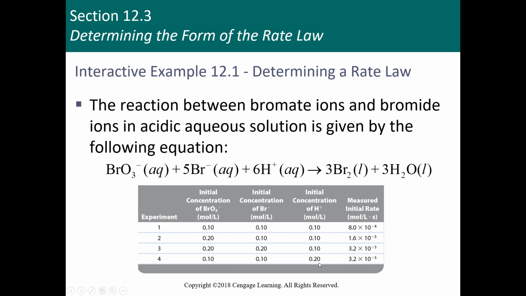Now, why do we want to look at something that only has one data point changed? Well, think about it this way. If I compare run 1 and 3, what I'm comparing is not just the effects of this concentration, am I? I also then have to take into account this concentration changing. But if I compare run 2 and 3, the only concentration I have to worry about is this one right here.